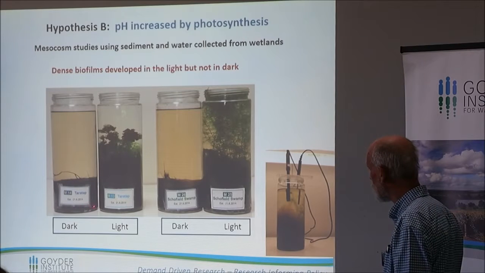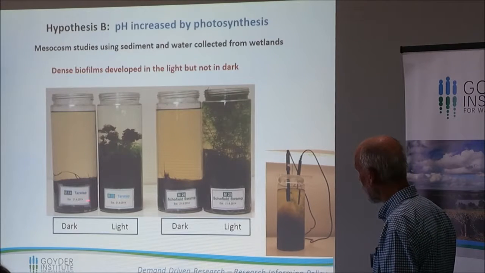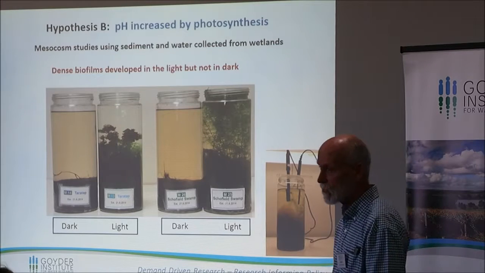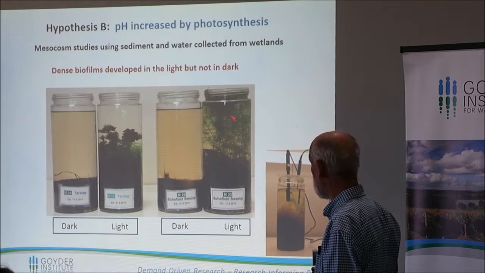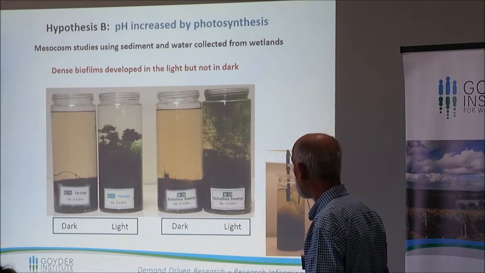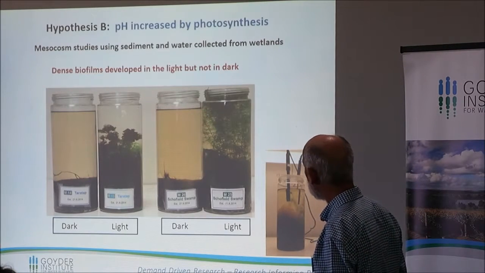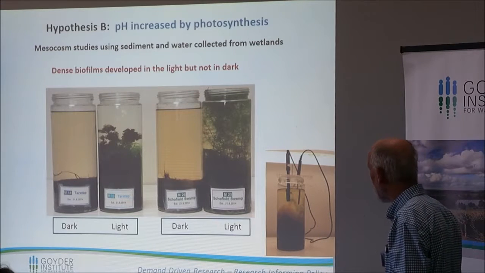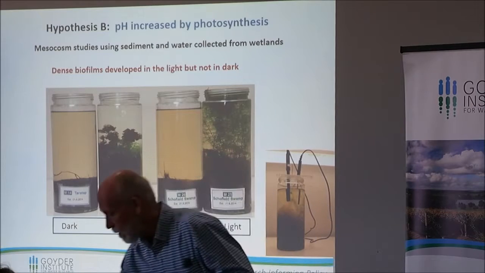If you take some soil from one of these wetlands and you incubate it, stuff grows. Anything could come out of the soil. So we have a variety of mesocosms with different biofilms. In the dark, nothing happens. In the light, lots happens.